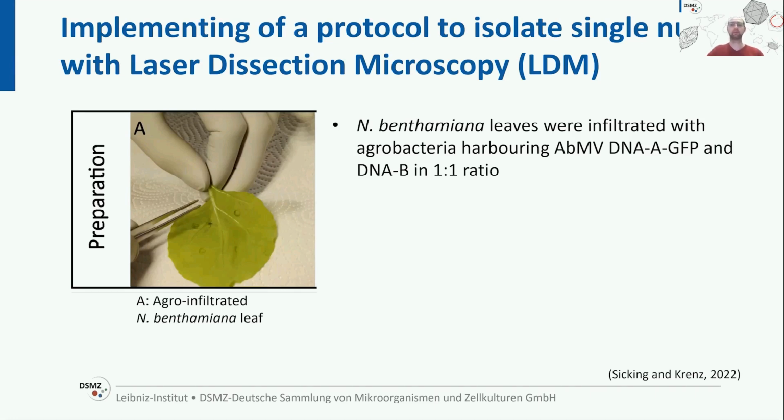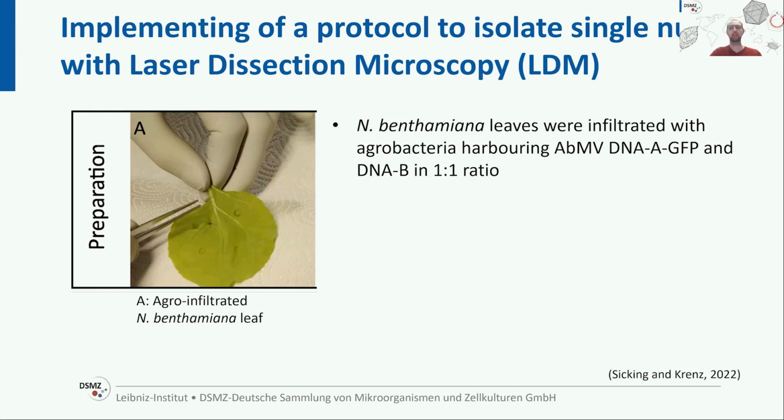Hello, everyone. Also from my side, I'm happy to present you some of the results I've produced with the MMI CellCut system. Here our lab has developed a method to work with actually living cells. So this approach avoids the issues associated with fixation and allows us to study cellular processes as they occur.